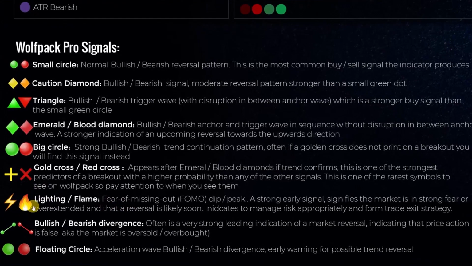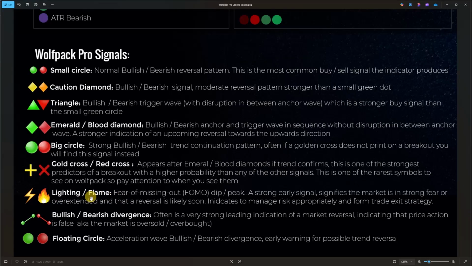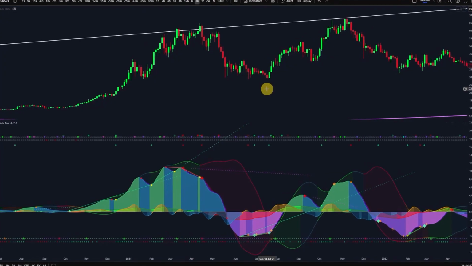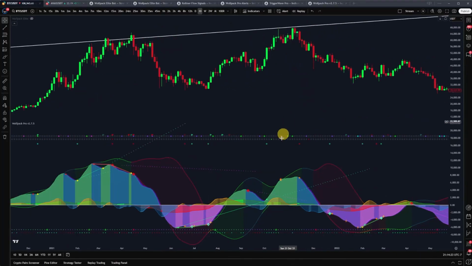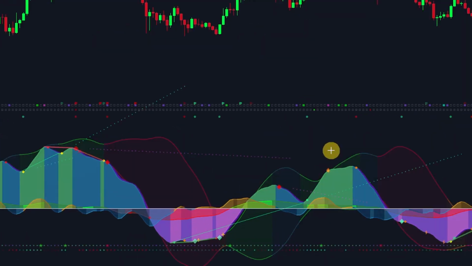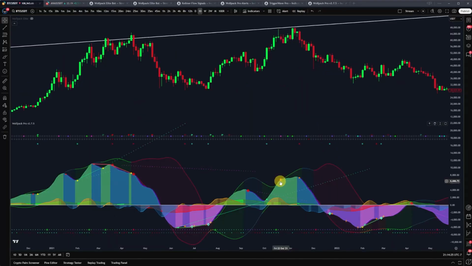So this is a signal that can detect those key moments, and oftentimes those are the biggest reversals or biggest drops in price action. For example, on the Bitcoin chart back in 2021, this is a really strong example of this FOMO peak. This flame right here was the exact top of the market, along with this strong RSI signal, the pink RSI. We'll get into that very shortly.